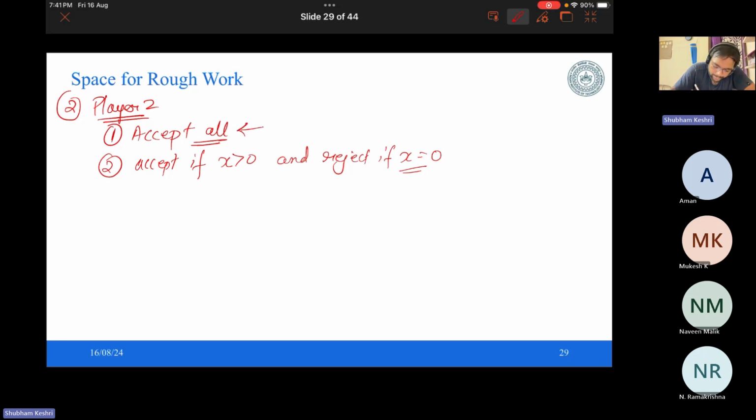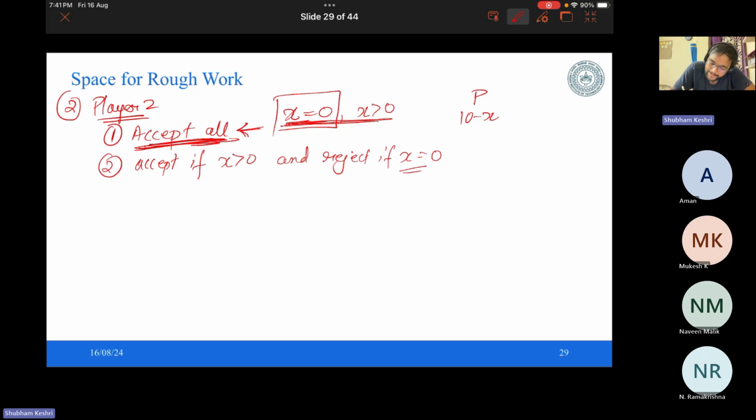All right, these are the two strategies player 2 can play. So when player 2 is saying accept all, player 1 can give any value. Whatever player 1 gives, you should accept. So player 1 giving any value, either 0 or greater than 0, he can accept. But this will not hold when it is 0. When x is 0, what is the utility of player 1?